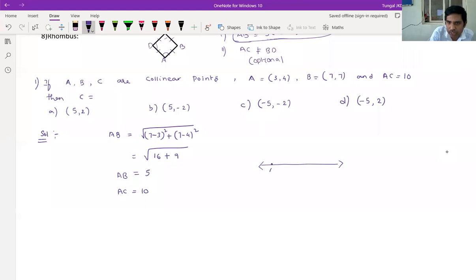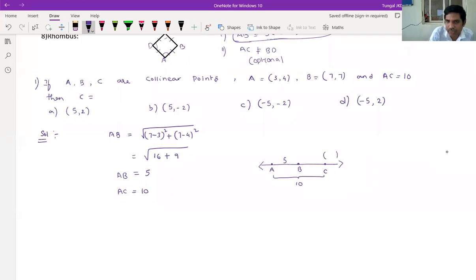Suppose this is the point A, next this is B and this is C. AC distance is 10, AB distance 5 they gave, and this total distance is 10. So we have to find this point, the C point.